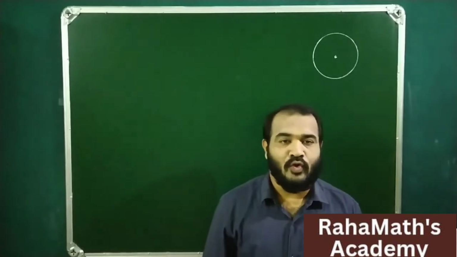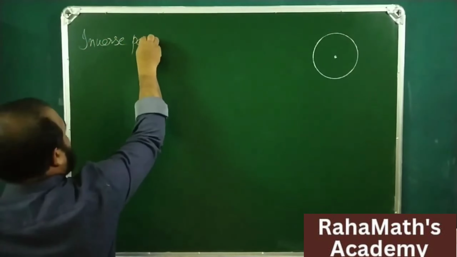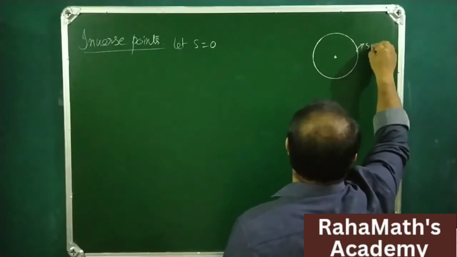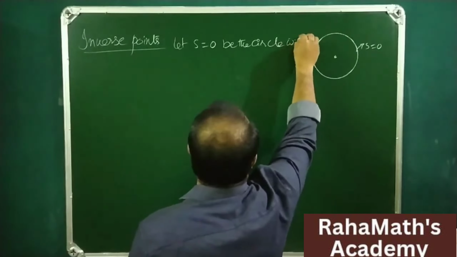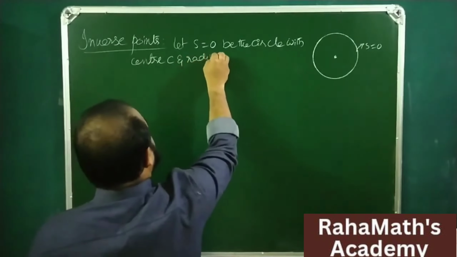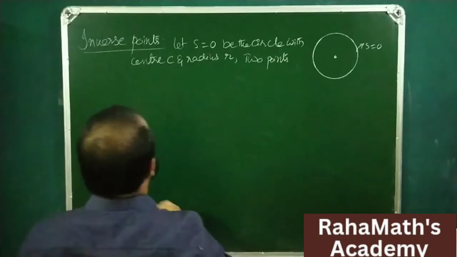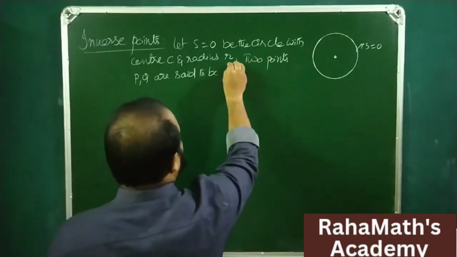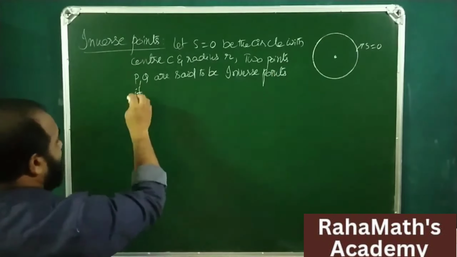Let's discuss inverse points. Let S equal to 0 be the circle with center C and radius R. Two points P, Q are said to be inverse points if they satisfy three conditions.